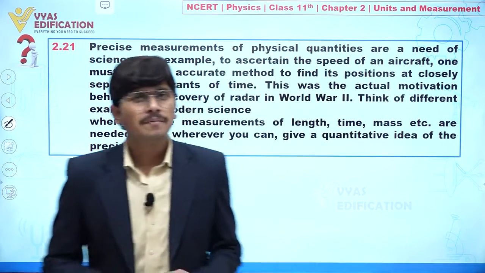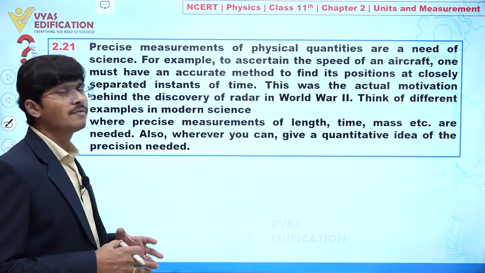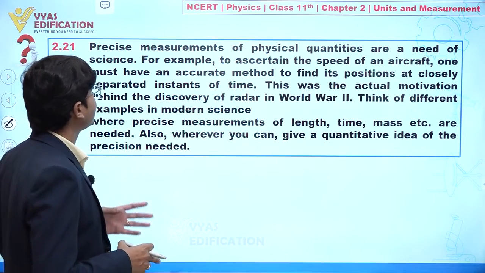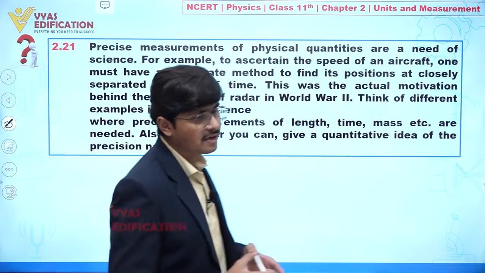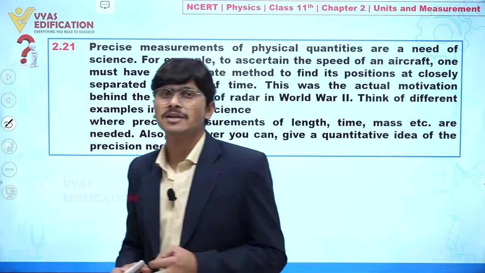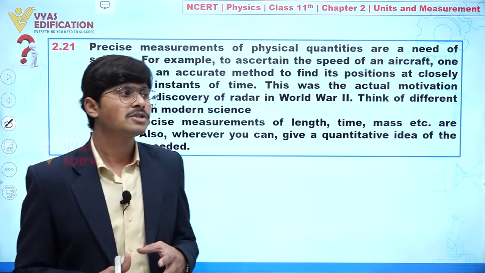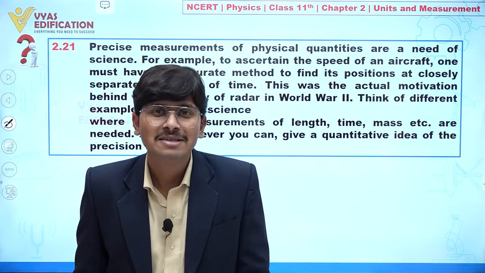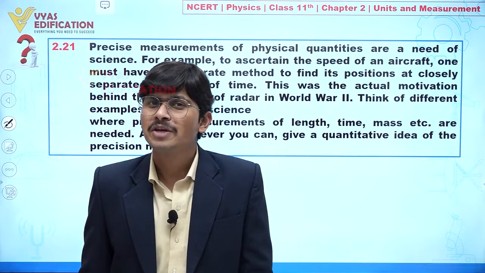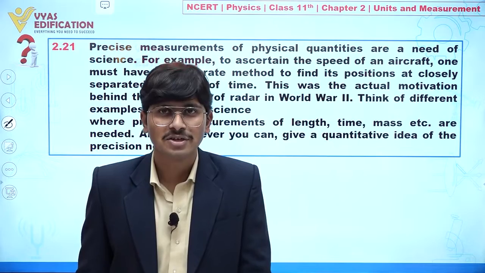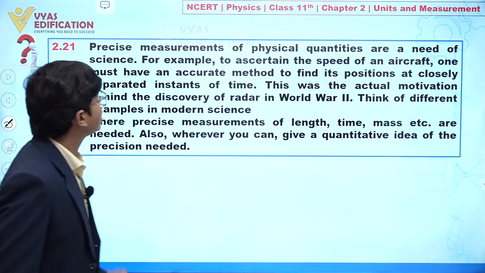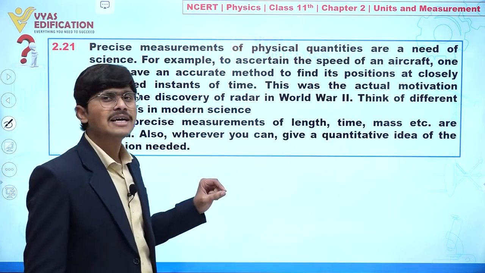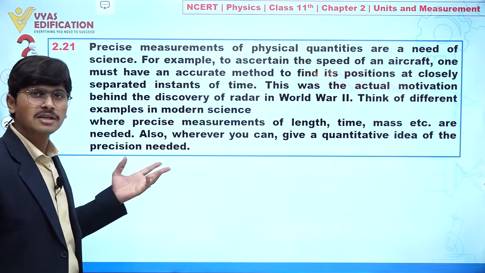Now dear students, we are going to discuss question number 2.21. In this question it is given: precise measurement of physical quantities is a need of science. Definitely we need precise measurement, because if we do not have precise measuring data, it may sometimes lead to dangerous situations.